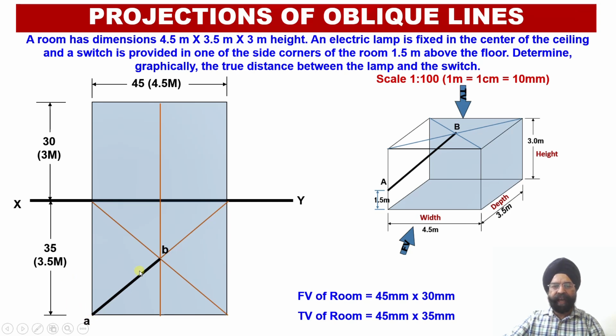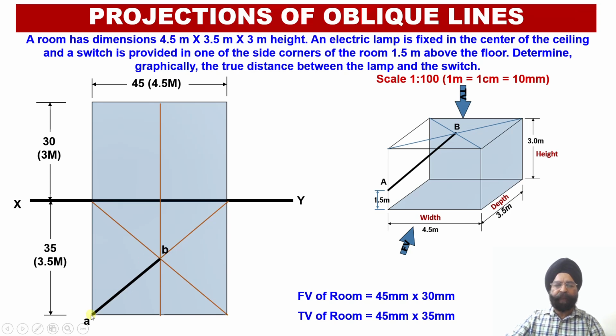So point A and point B, that is the top view corresponding to the location of the switch and the top view corresponding to the location of this electric lamp, that is small b. Both of these points have been located in the top view.